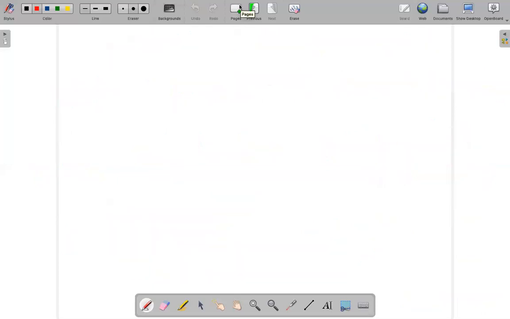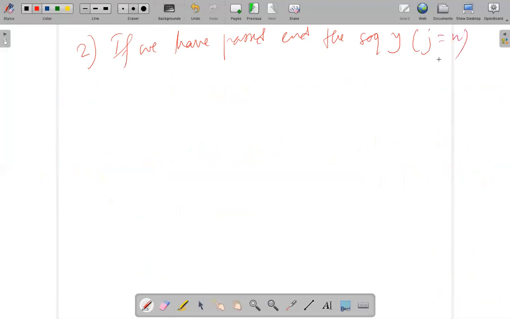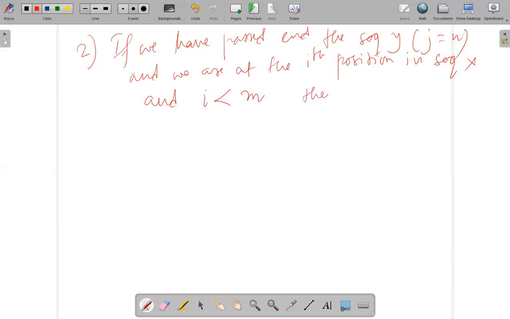Similarly, the other side. So this is case 2, if we have passed the end of sequence Y, that is in this case j is already equal to n, and we are at the ith position in sequence X, and i is strictly less than M, then we have to fill M minus i gaps.